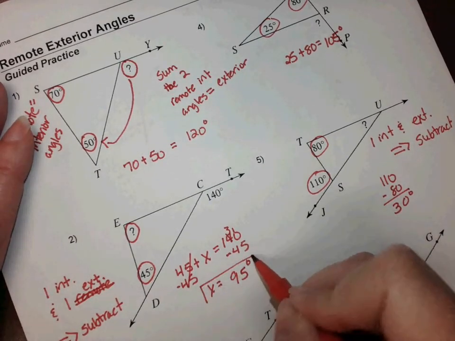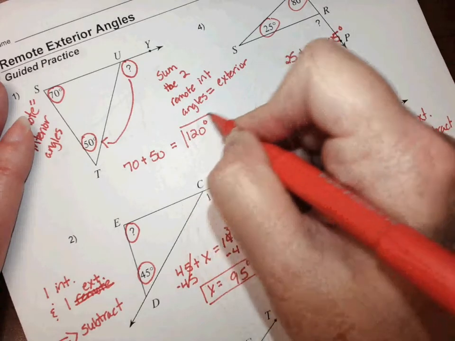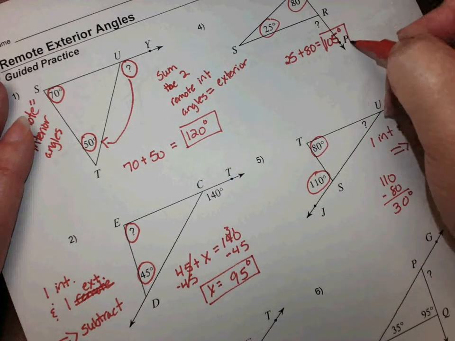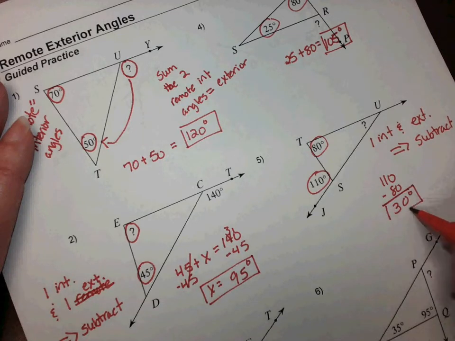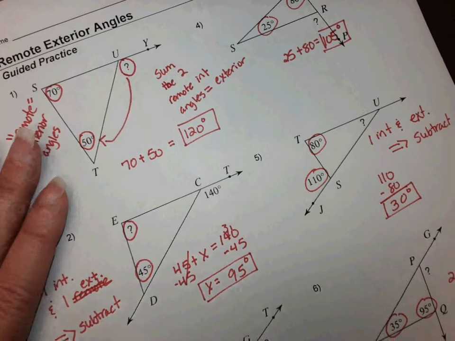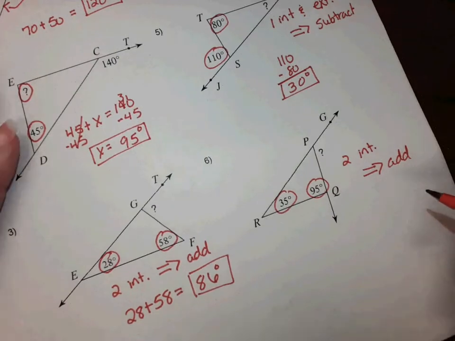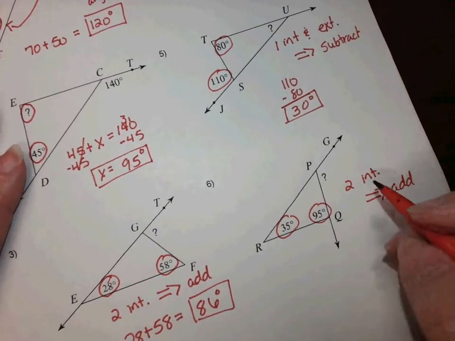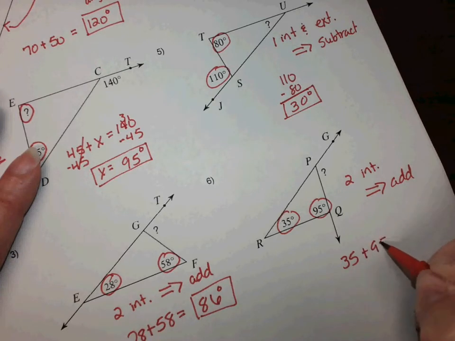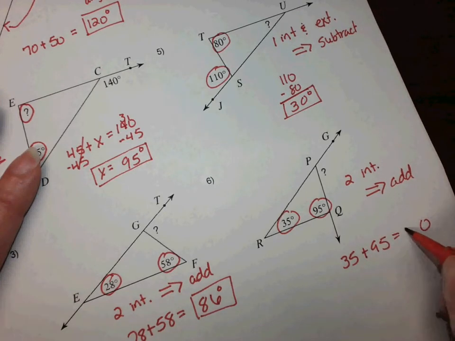Let me box in my answers so we can see them. Alright, here I'm given two interiors. So that means add. Oops. Sorry. I don't know how much of that was covered up. 35 plus 95 equals 130.